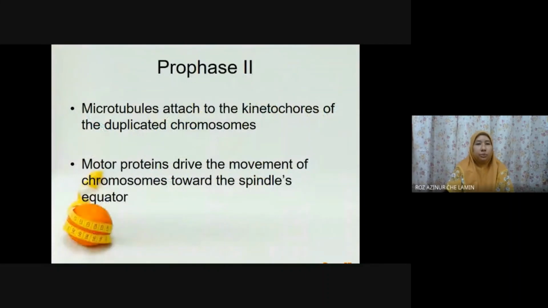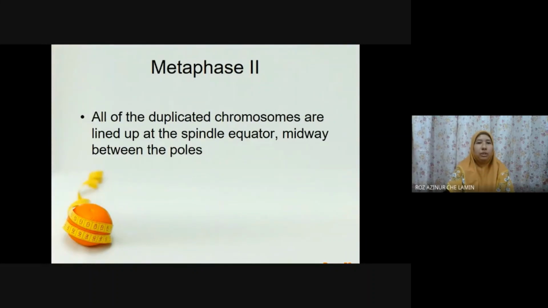For prophase 2 in meiosis 2, microtubules attach to the kinetochores of the duplicated chromosomes. Motor proteins drive the movement of the chromosomes toward the spindle equator. During metaphase 2, all the duplicated chromosomes are lined up at the spindle equator midway between the poles.